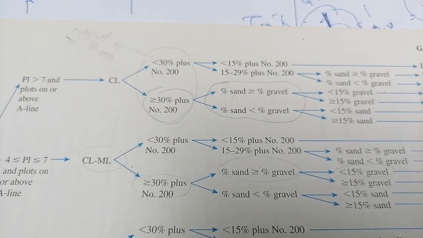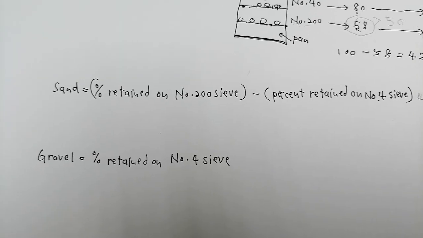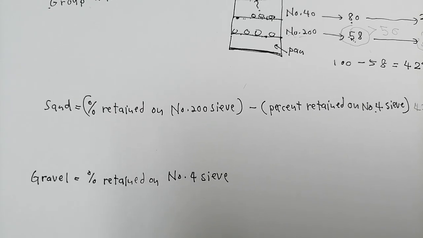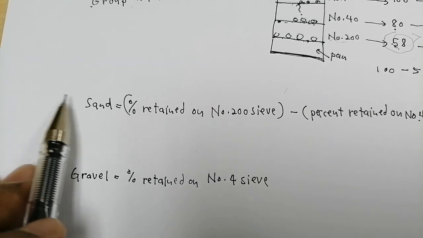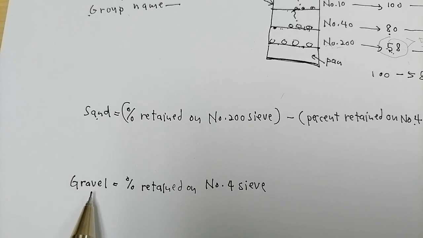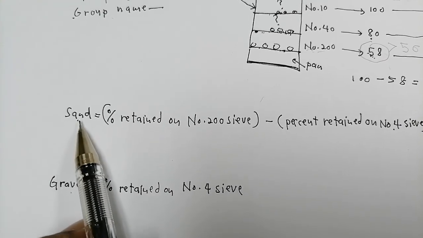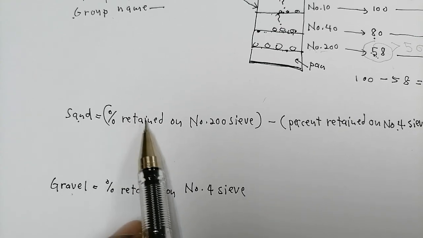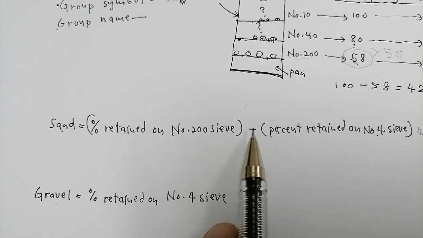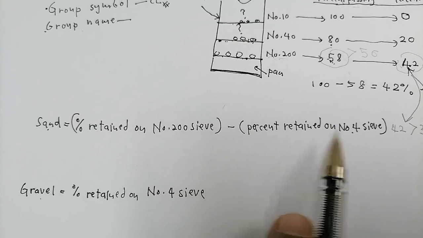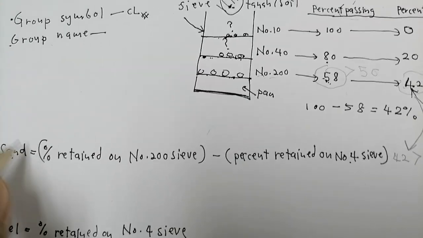Okay, I will show you, don't worry. Okay guys, so this is how to calculate the sand fraction and gravel fraction. Okay, so for sand fraction, percent retained on number 200 sieve minus percent retained on number 4 sieve.